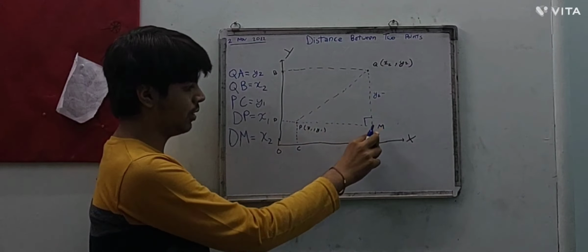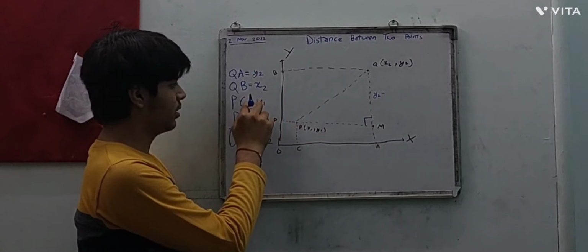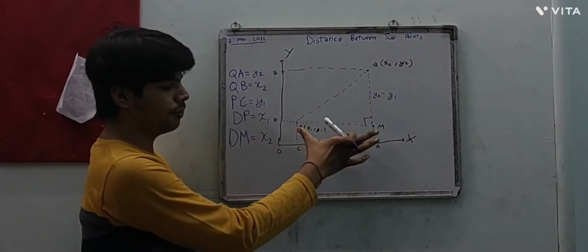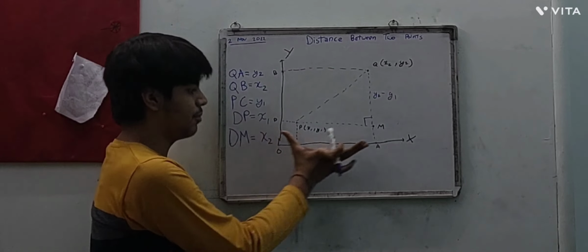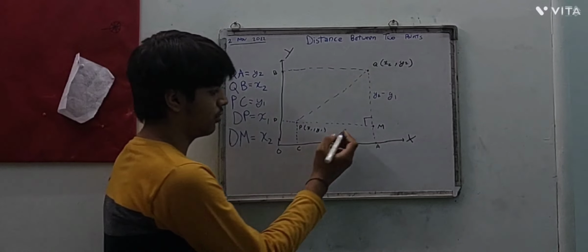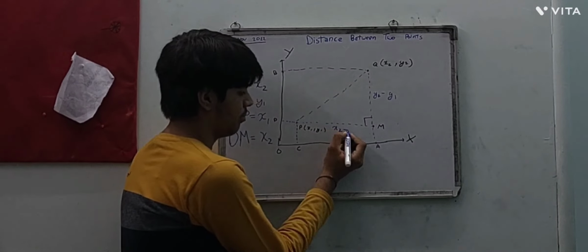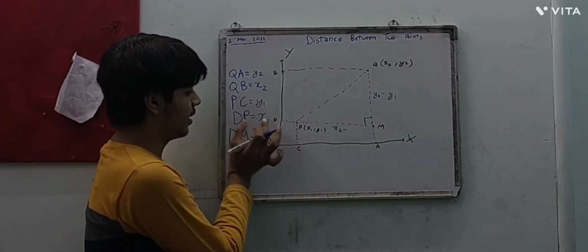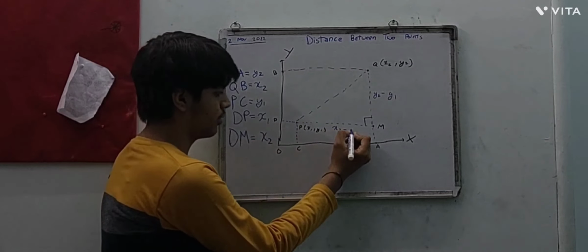But PC is equal to MA and PC is equal to y1. Now PM, we need to find PM. To find PM, we can subtract PD from the line segment MD. DM is equal to x2, which I have already written, so we can write x2 minus DP, and we already know DP, which is x1.